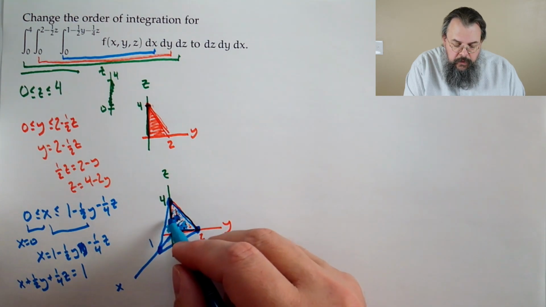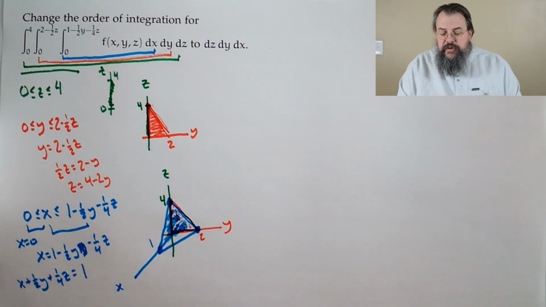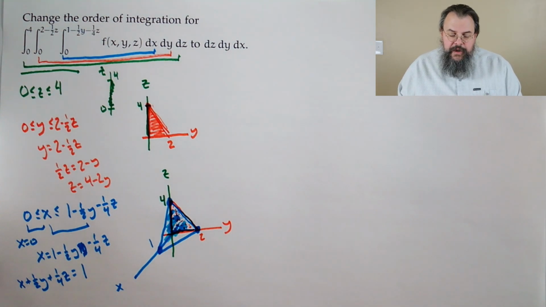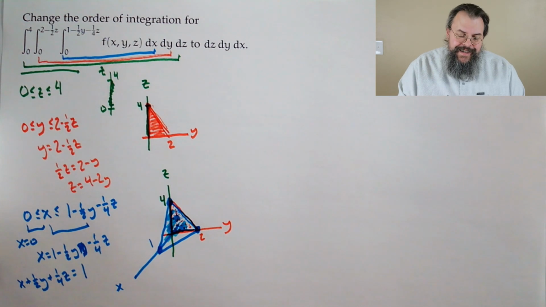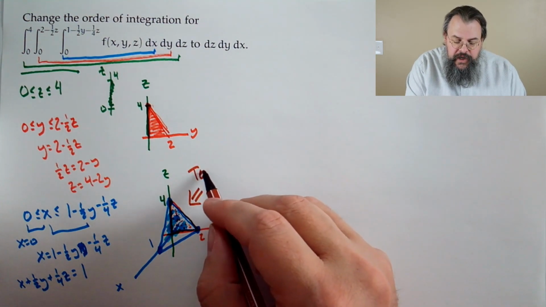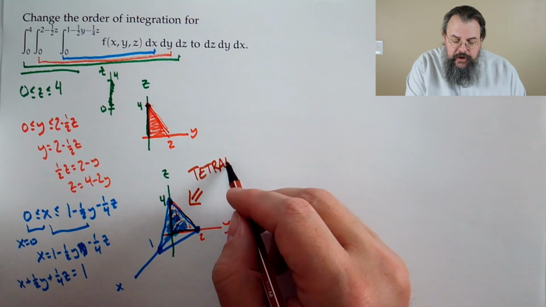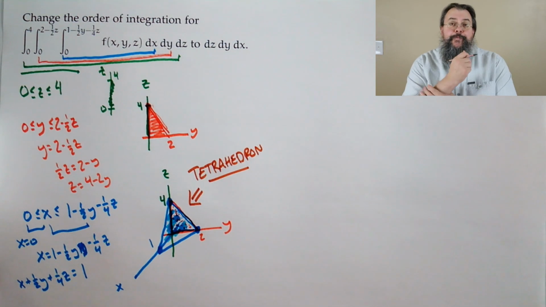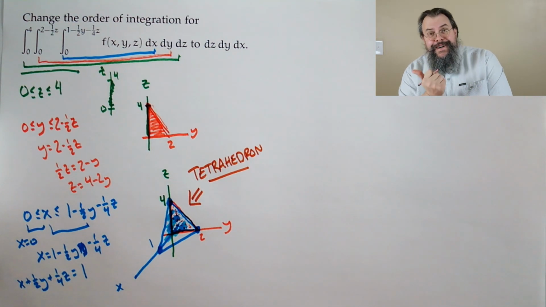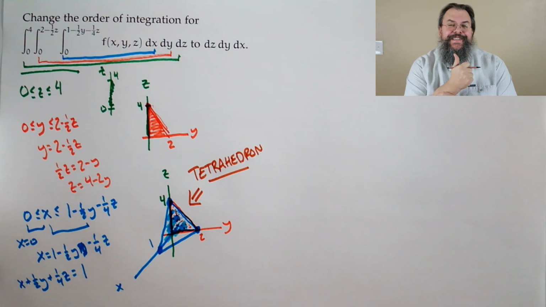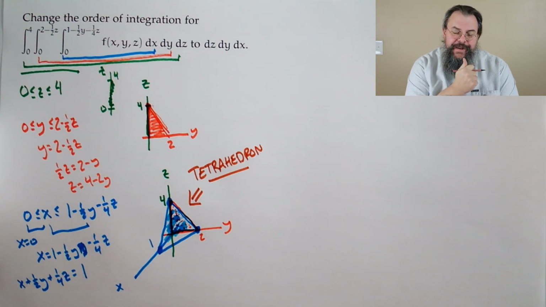So we get this tetrahedron. So there we go. There's our shape. We say, aha, tetrahedron. So we've come to the conclusion that we now know how our region looks like. That's step 1, more or less, is what region are we integrating over?